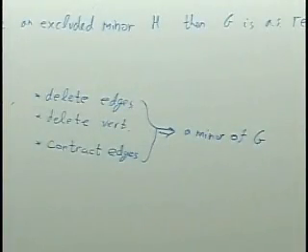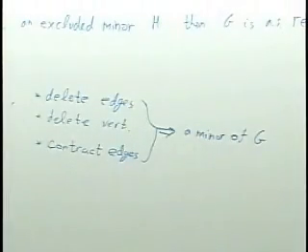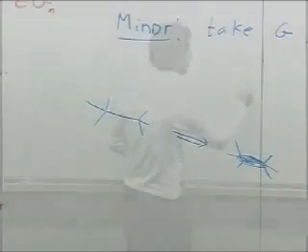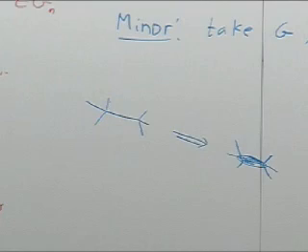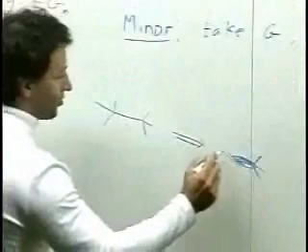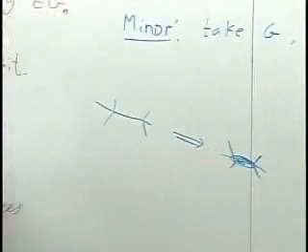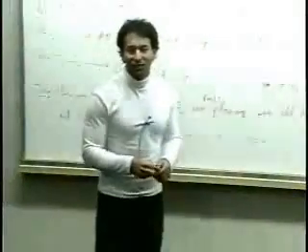Contracting an edge just means that if you have the edge, then you can shrink it and the two vertices become a single vertex. You get just one vertex where the edge was, and it's connected to the same neighbors as before. This can create some irregularities in the graph.